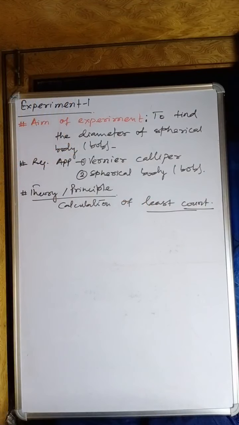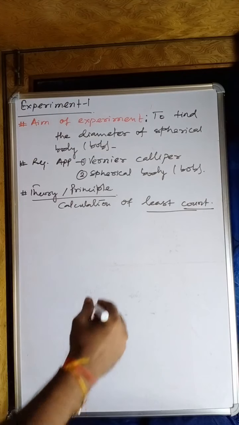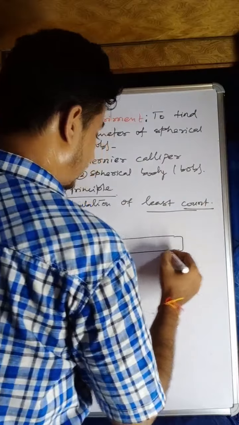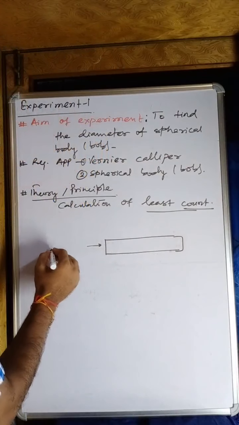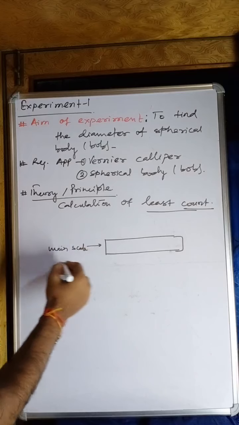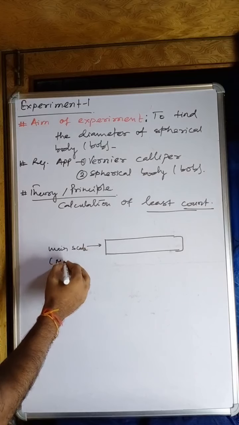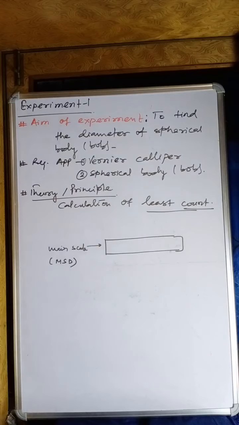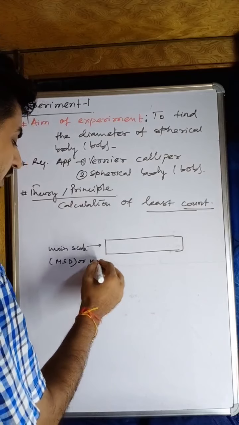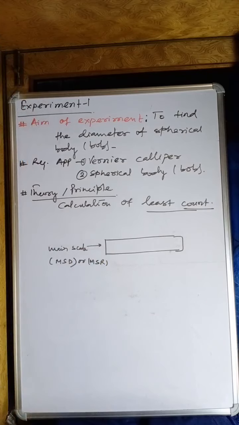Okay, so here the two scales are formed. This is called the main scale, and the reading of this scale we will write as MSD, the main scale division. Sometimes in some books it is written as the main scale reading, MSR.